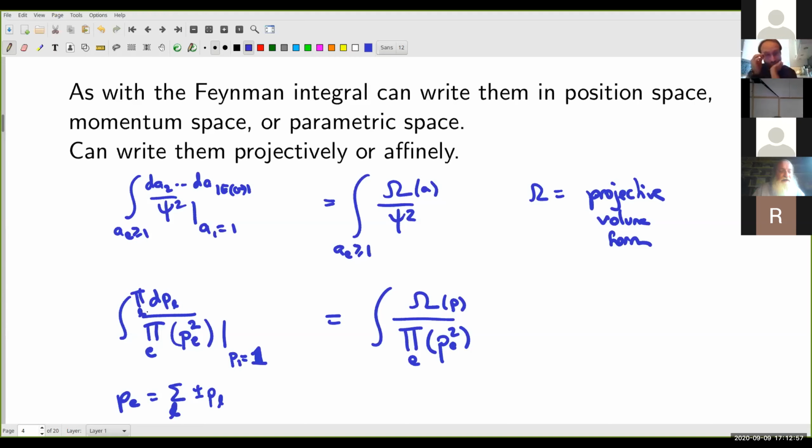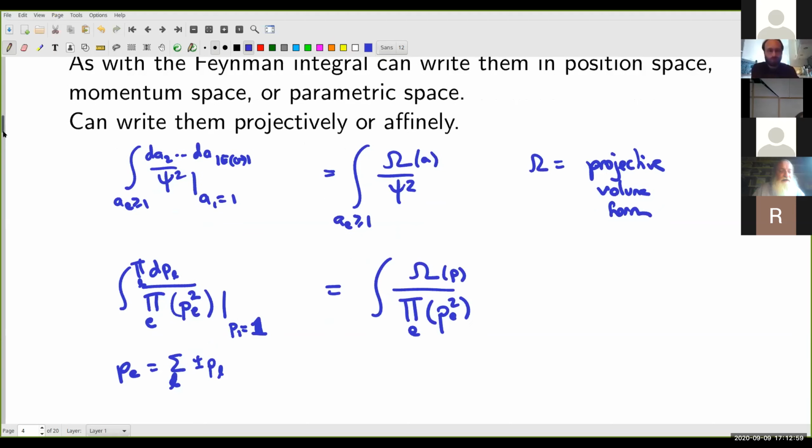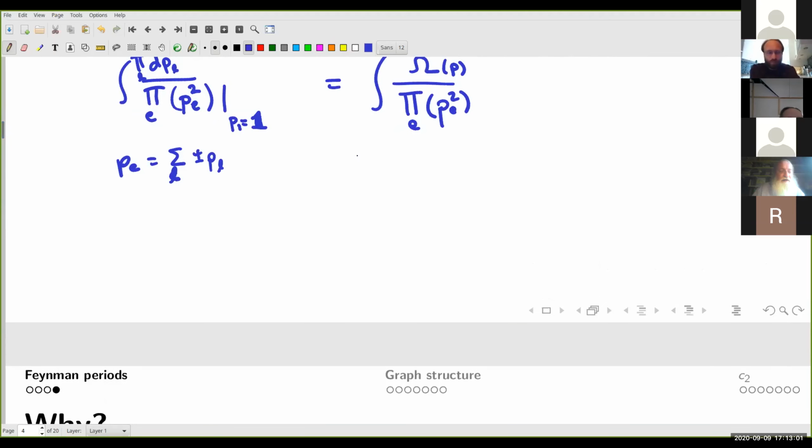Okay, so that's fine. And I can also do it in position space, and it's all exactly the same. And in both cases, I can do it in an affine way or not in an affine way, right? So now I'm going to take a product and take an xi minus an xj, and you know exactly what I want to do. And I could do it in a nice projective way, like this. And I could do it in a nice affine way.